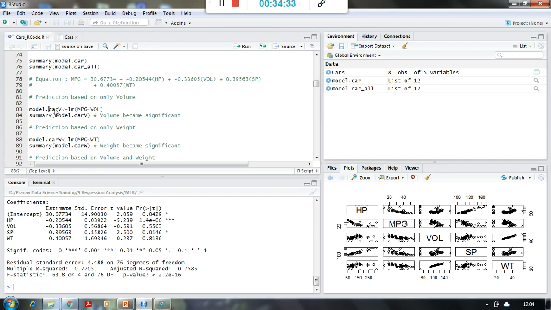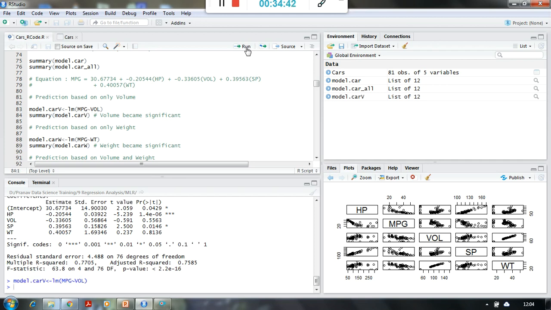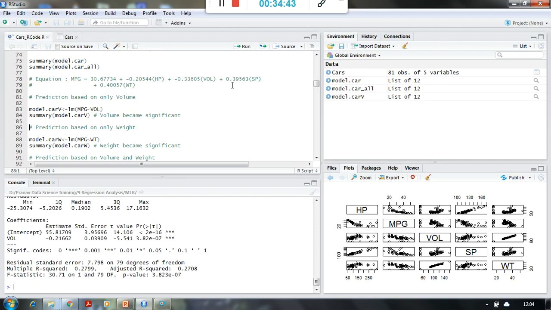So what I am going to check is, if I take volume individually to predict the MPG, is it contributing? Am I getting a significant probability value for its coefficient? Yes, I am getting it. Look at that, 3 stars I have got, which means volume, if I take it alone, is extremely helpful in prediction of MPG.